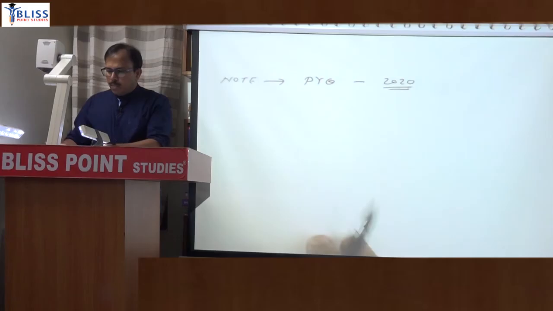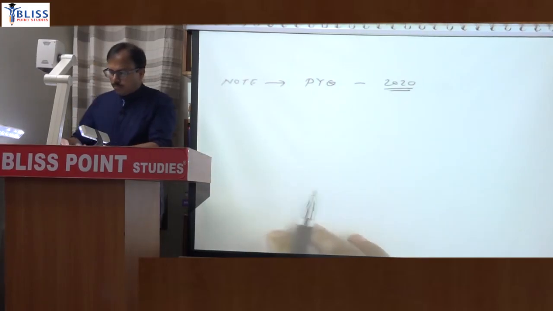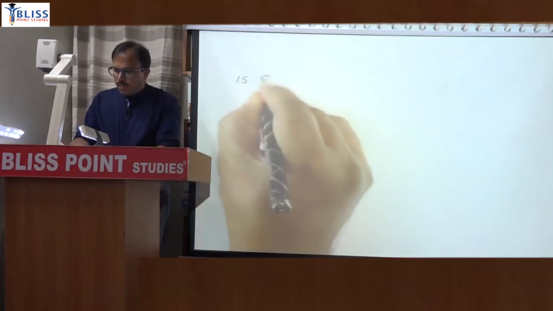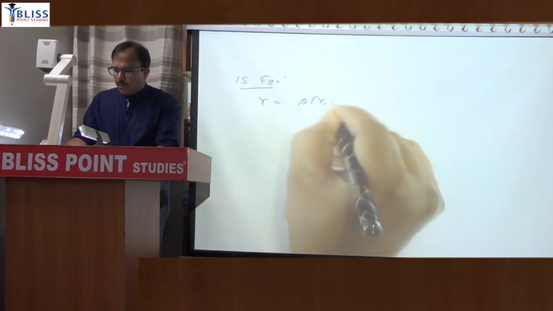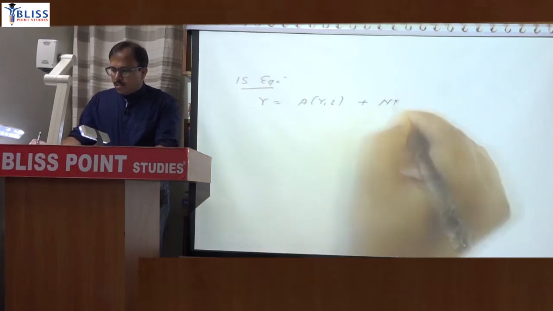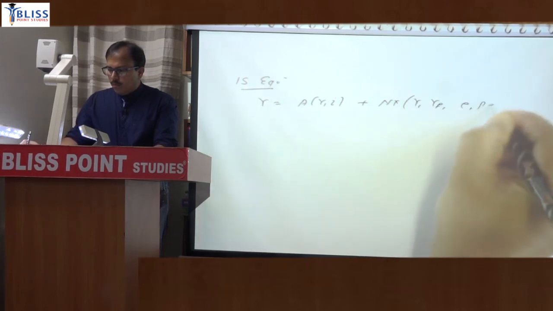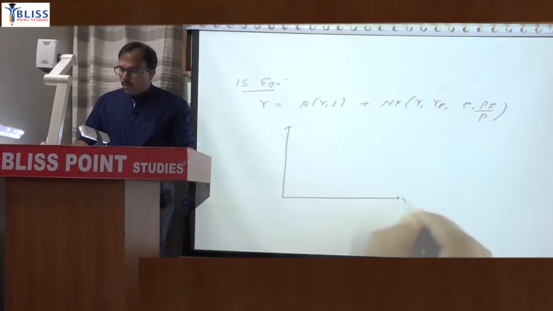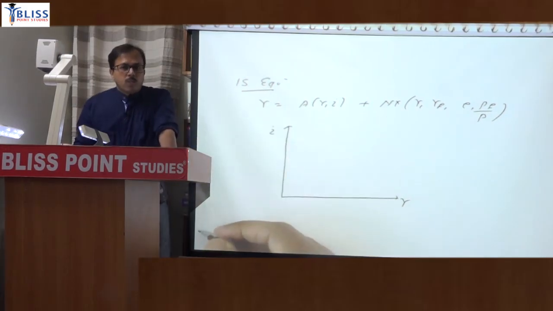The other thing that is important in this topic is we have modified the IS curve equation to write it as Y equal to A plus NX, which is a function of Y, YF, e, PF upon P. When you draw the IS curve, remember we take only two variables, Y and I, keeping all other factors constant.